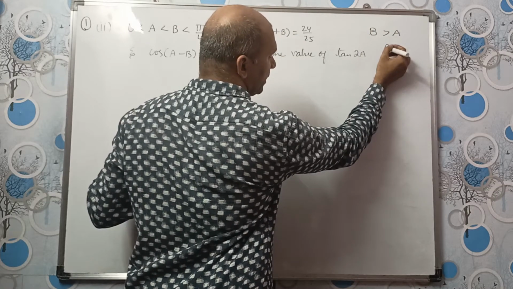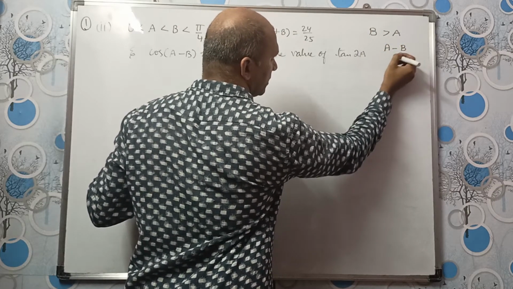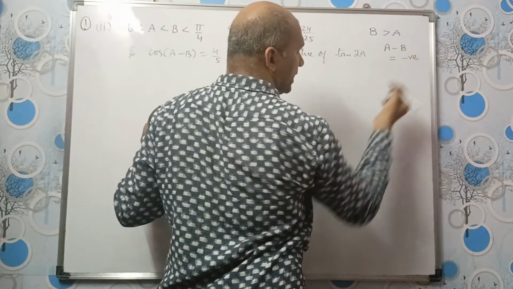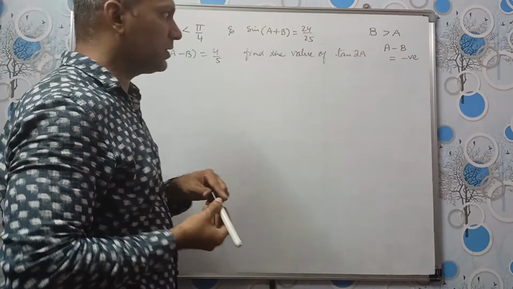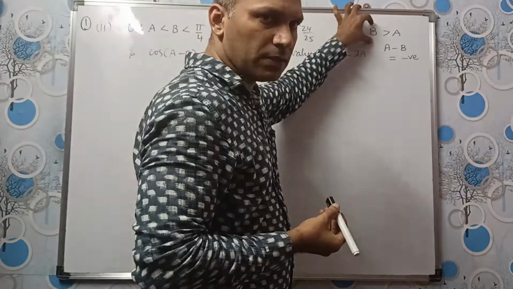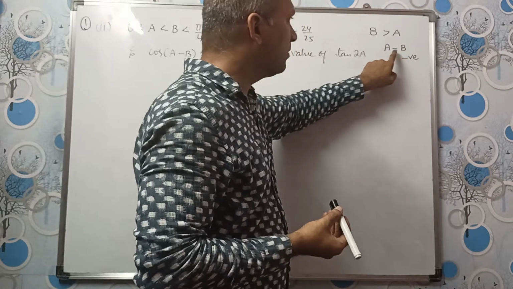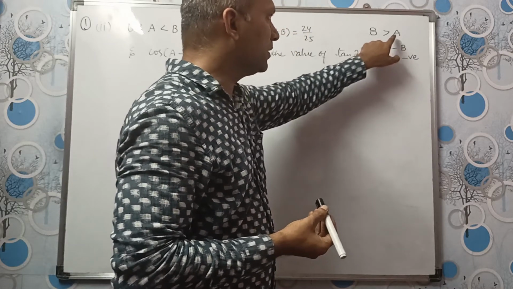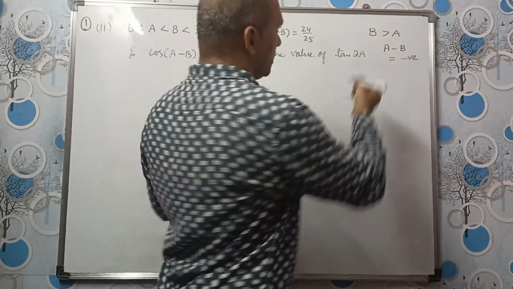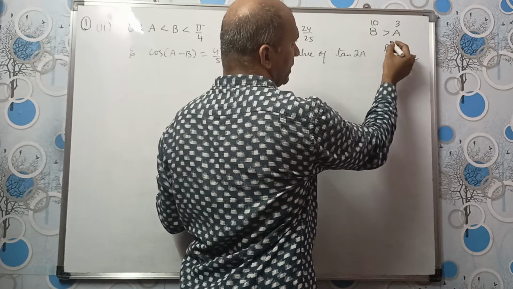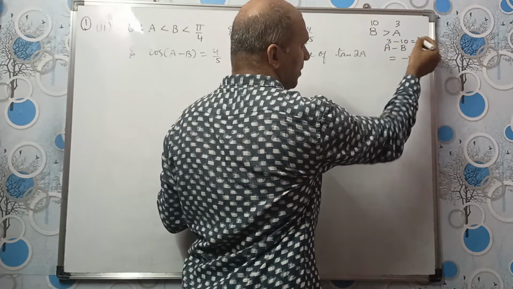If we subtract A minus B, this will give us a negative number, because we are subtracting a greater number from a smaller number. This is small, this is big. Let us take 10 and 3: 3 minus 10 will be minus 7, right?